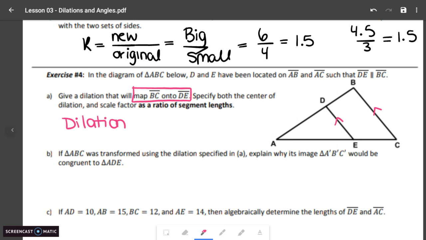This dilation is centered at the one point that doesn't move, so it's going to be at A. So if I think that line is kind of going along that path, and it's going to have a scale factor, remember it's new over original, so if I want to be on DE, it's going to be DE over BC. And that's how I'd be specific about that transformation. This is what's known as a similarity transformation because it's not going to necessarily make congruent shapes between the two, but it keeps the shapes similar, and we'll talk more about that later.